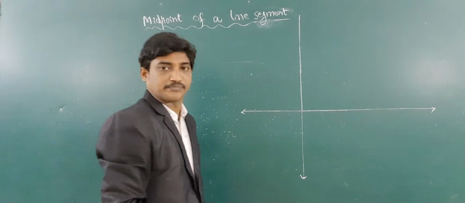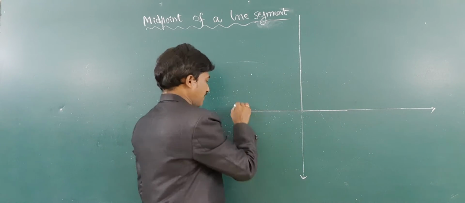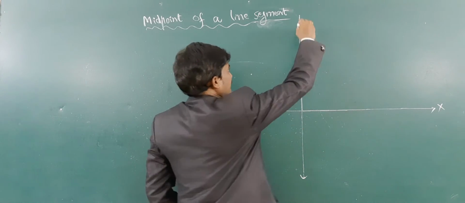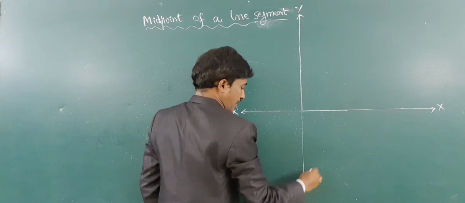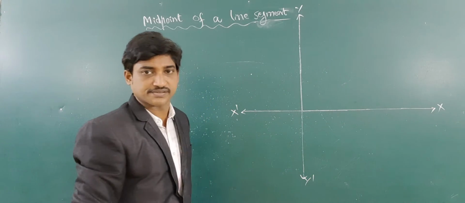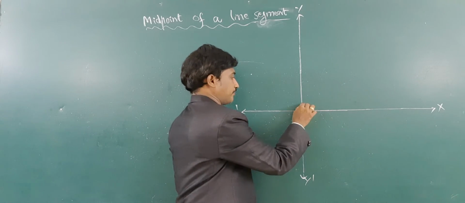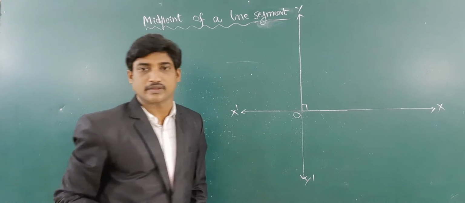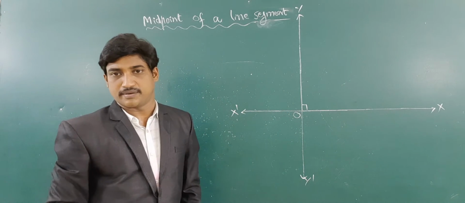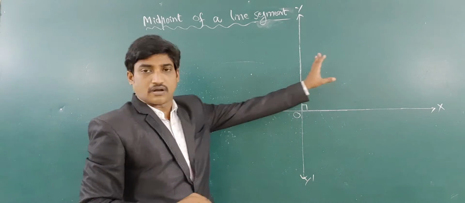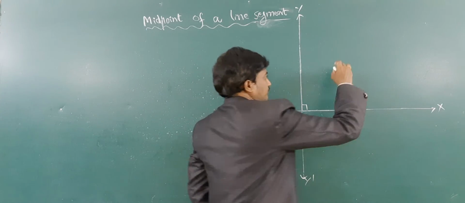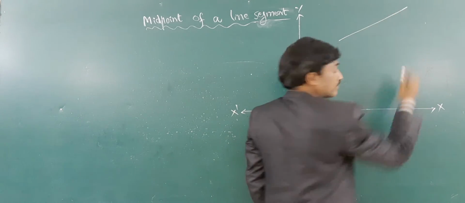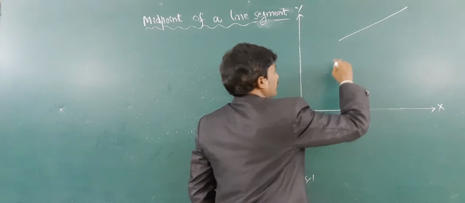Horizontal reference line x dash x is the x-axis, vertical reference line y dash y is the y-axis. These are mutually perpendicular. The intersecting point of x-axis and y-axis is the origin. Take a line segment AB on this plane.